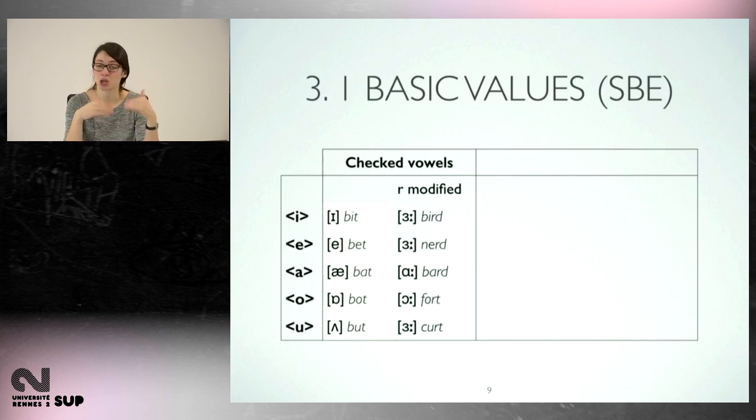You say bird, nerd, bard, fort, curt, as opposed to what happens in American English, where you say bird, nerd, bard, fort, and curt. So you should be able to hear the difference.